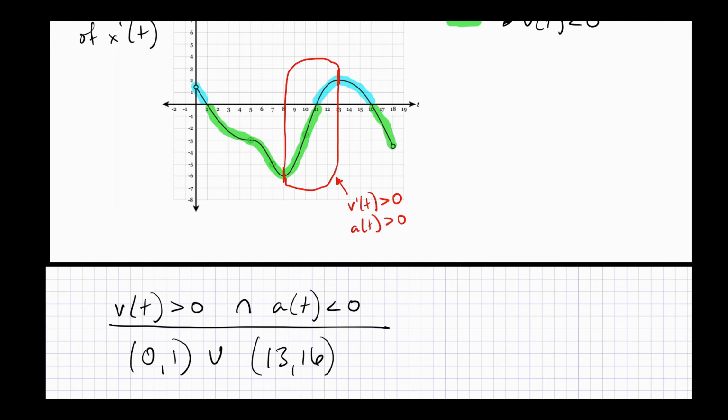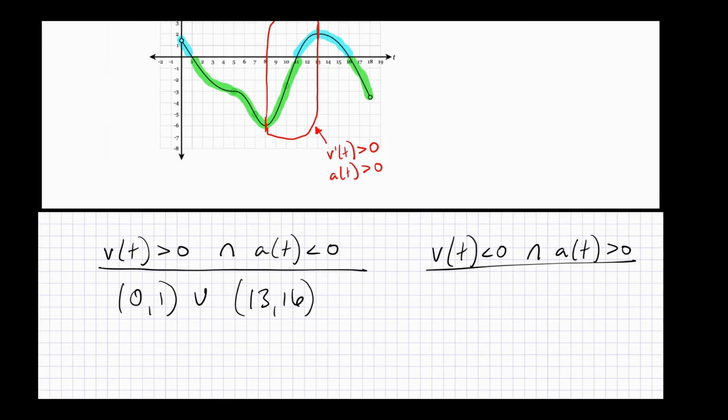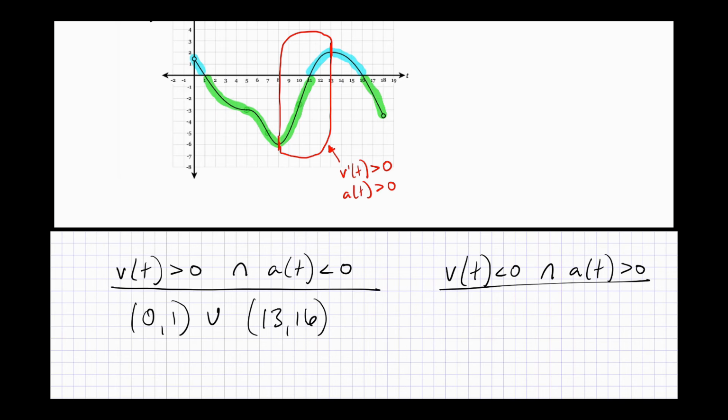Okay, now let's do the other one. The other one was the opposite, vice versa, right? Velocity is negative and acceleration is positive. Velocity negative means green on mine.